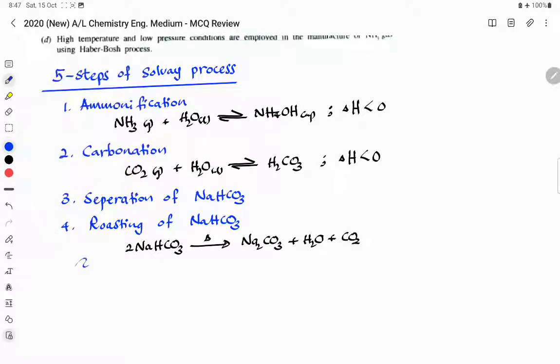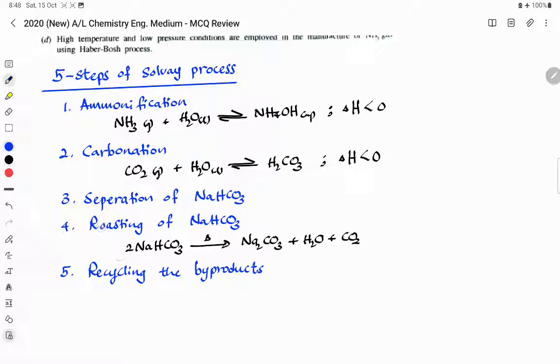The last step is recycling the byproducts. Some say that the fifth one is not a real step in the Solvay process. Therefore, they say the Solvay process has only 4 steps, but we can assume that it has 5 steps.